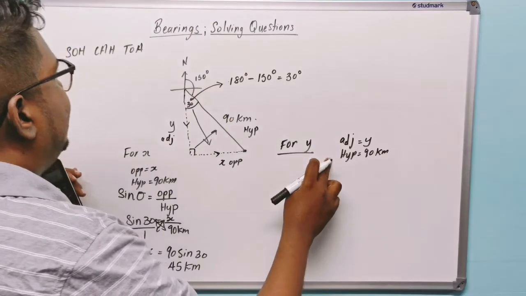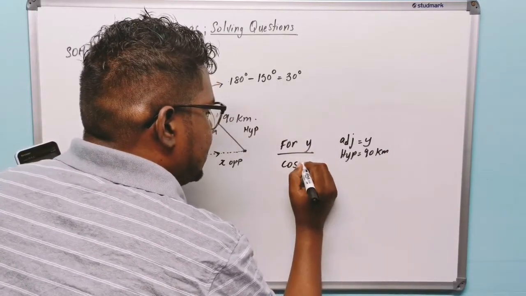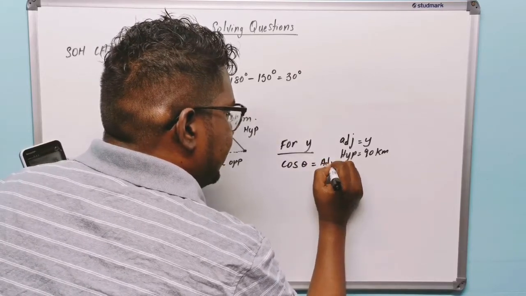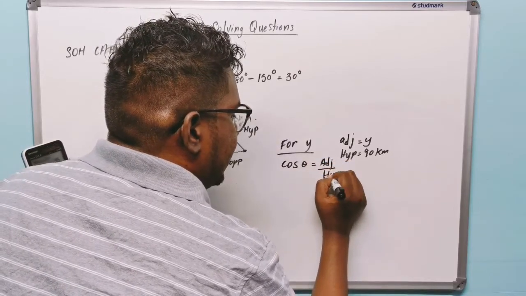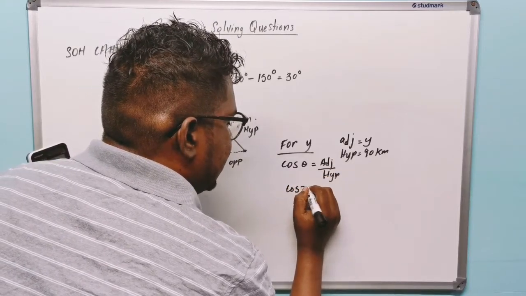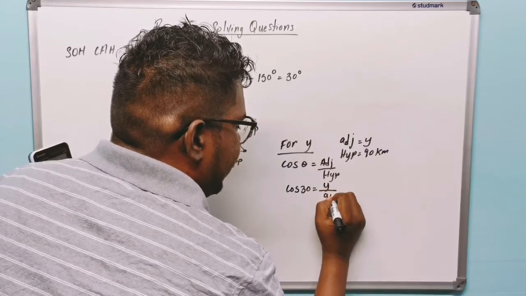So adjacent and hypotenuse is cosine. So we say cos theta is equals to adjacent over hypotenuse. Cos 30 is equals to the adjacent side, which is y, over 90.